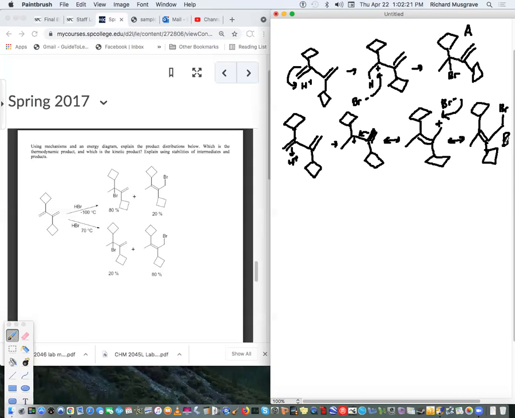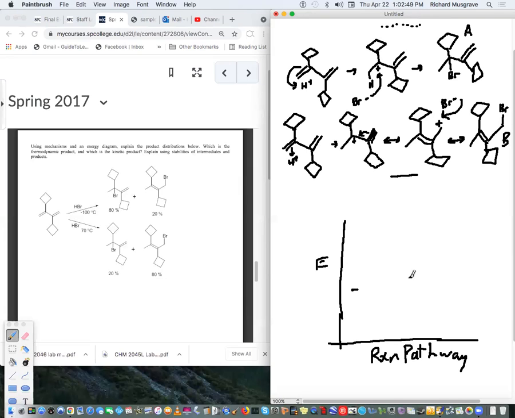And that would be B. Now I'm going to put dotted lines for pathway A and a straight line for pathway B. So that's going to be A. And B is going to look like this.